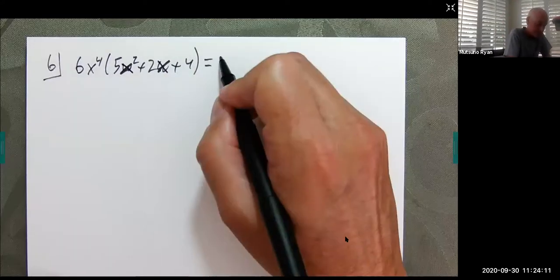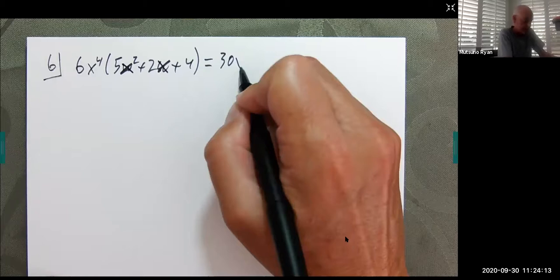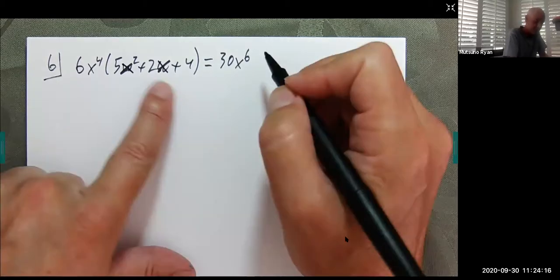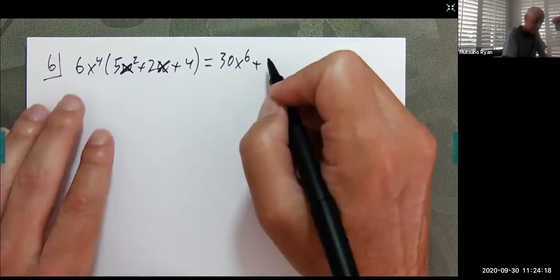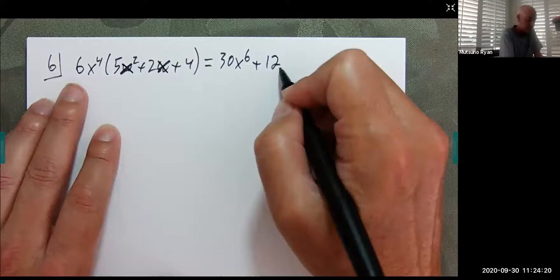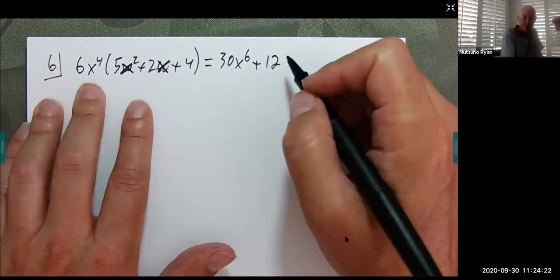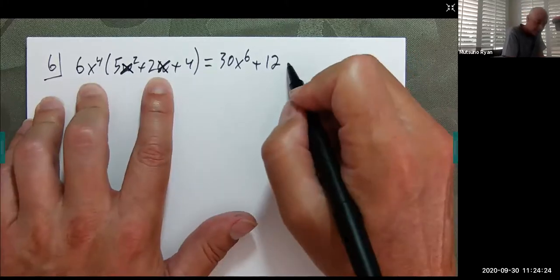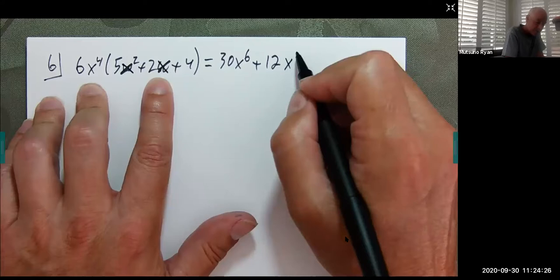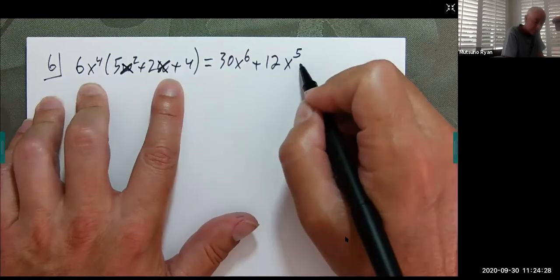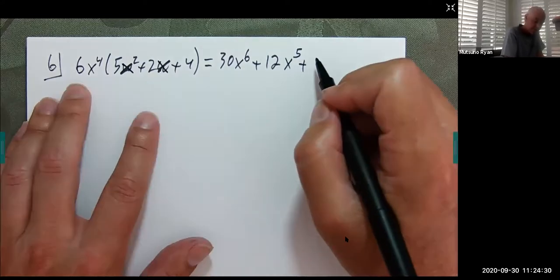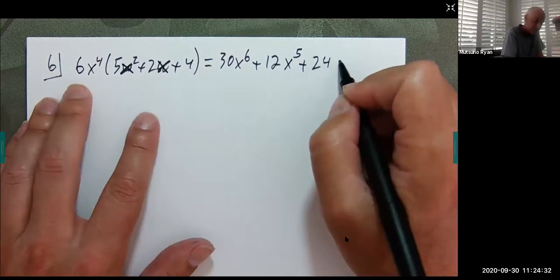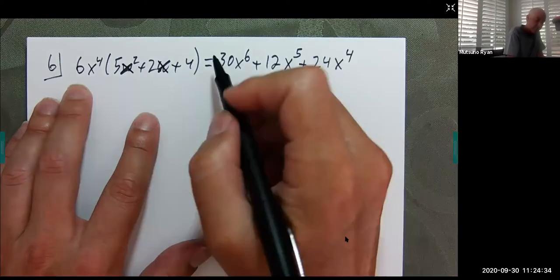So 30x x to the 6th, you add the exponents, 4 plus 2 gives you the 6. 6 times 2 is 12, that's x to the 1st. So that's going to be x to the 4 plus 1, which is 5th power. And here I'm going to get 6 times 4 is 24, x to the 4th power. There's our distributive property.